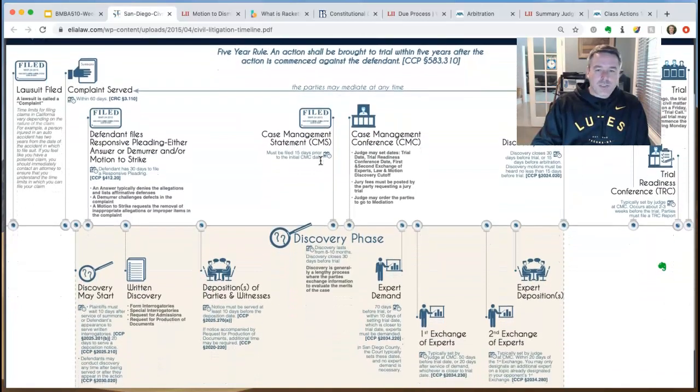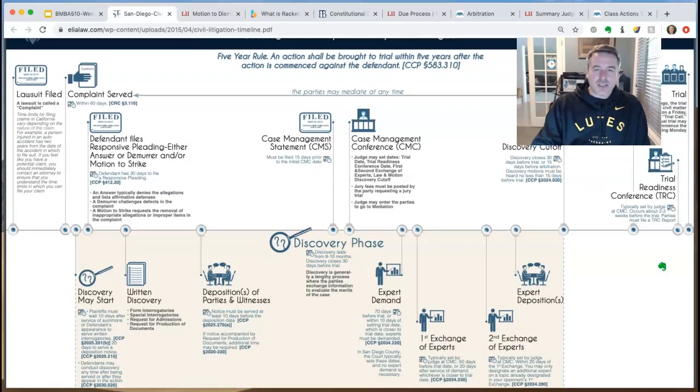What's nice about this is it shows you all these different stages of a lawsuit, how it's filed, and then the complaint is served. This is what we just talked about. And then sometimes the discovery starts right away, but usually the defendant files their answer, and often will then also try to get it dismissed early on. Then you go to different kinds of discovery, which we'll talk about in a minute.